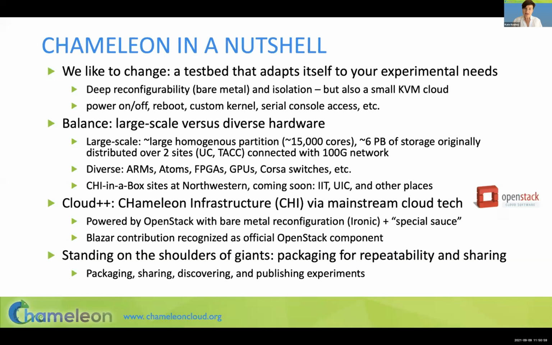We've got 1 site in Northwestern, and we've got 2 sites coming soon, one at the Illinois Institute of Technology and one at University of Illinois in Chicago, and other places are configuring Chameleon sites using something that we call CHIEdge. It's a packaging of both Chameleon infrastructure and its operational model, and allows you to deploy your own Chameleon site very quickly.